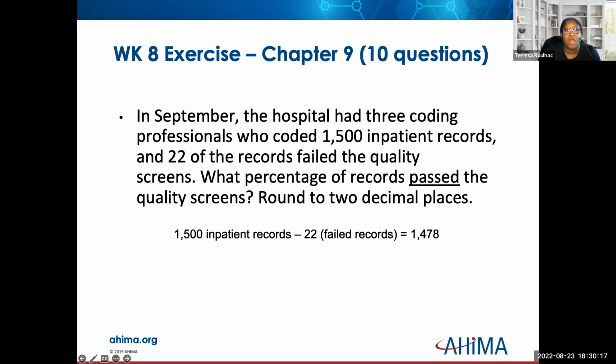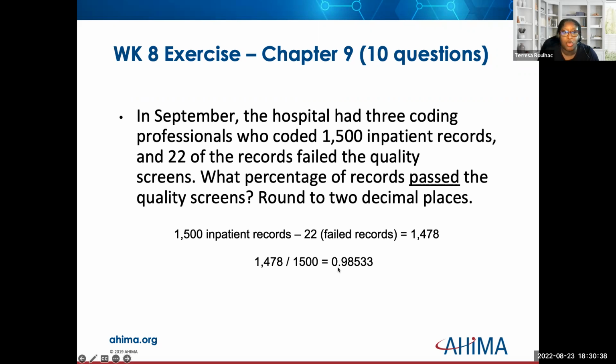All right, so 1,500 inpatient records minus 22 failed records gives us 1,478, all right? Now we're gonna take that 1,478 and divide that by 1,500 because that was the inpatient record.